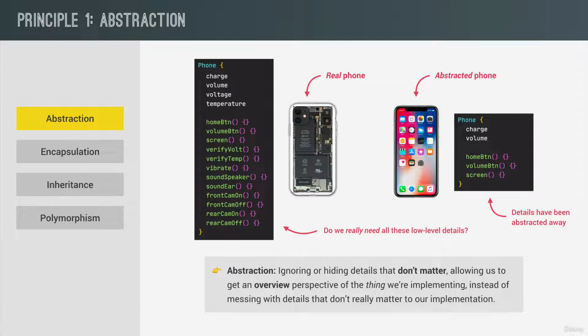Now, abstraction is really important, not just in OOP, but in programming in general. In fact, we create and use abstractions all the time. For example, take the add event listener function that we use all the time. Do we actually know how exactly it works behind the scenes? Well, we don't. And do we care? No, not really, right?